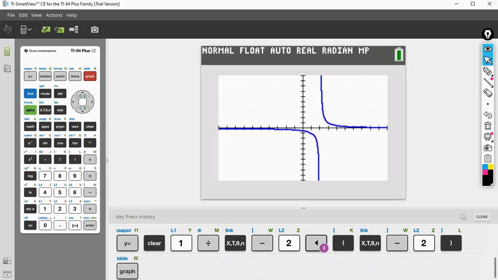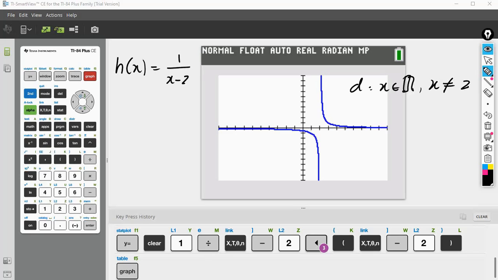So there you are. Okay, so remember that we said that the domain was x belongs to all reals, but x cannot equal 2, because that's where the function becomes undefined, right? We were doing h of x is equal to 1 over x minus 2.